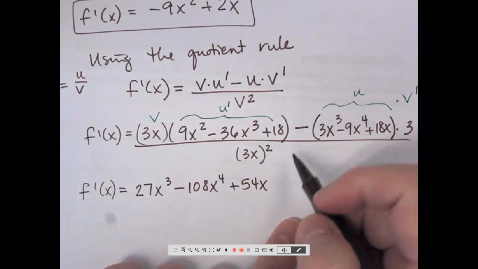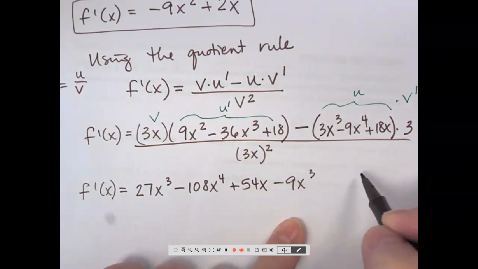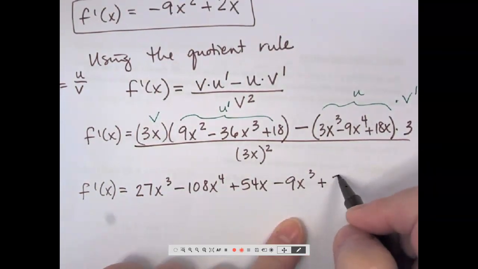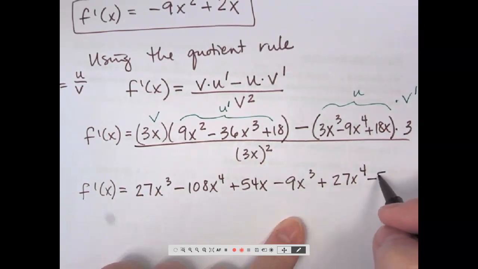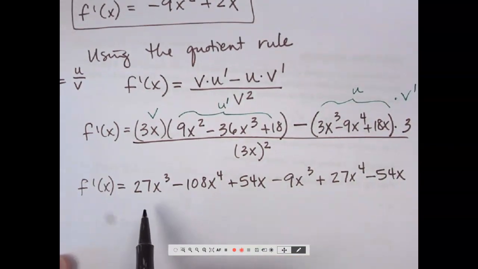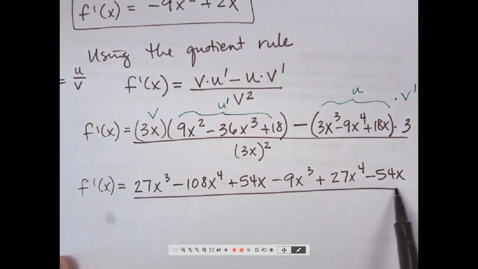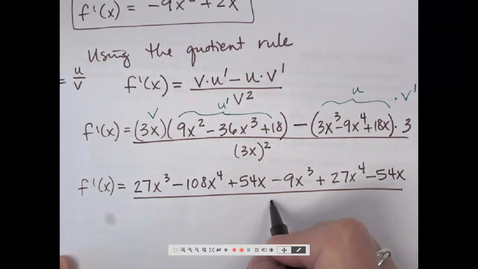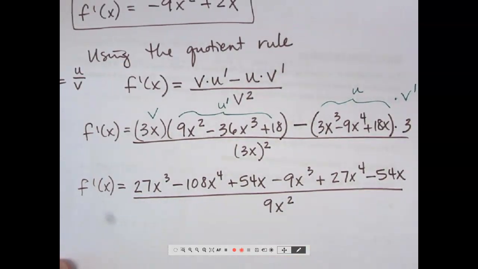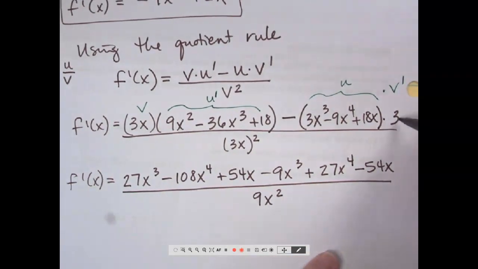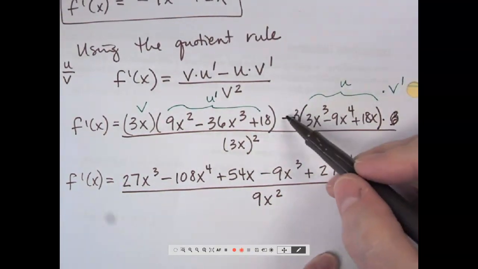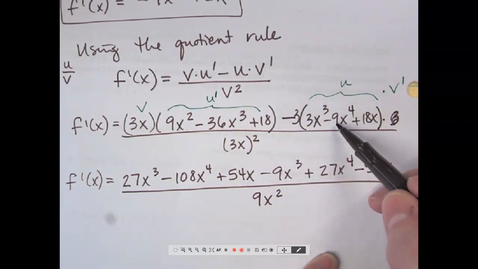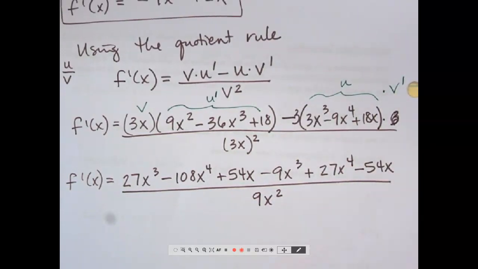Okay, minus 9x cubed plus 27x to the 4 minus 54x. Why is it plus 27? Okay, can anybody answer that? Because, if it helps, move this 3 up here. So negative 3 times 3, then negative 3 times negative 9 becomes plus 27.